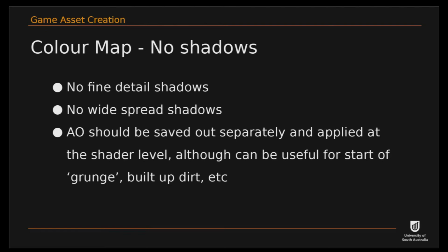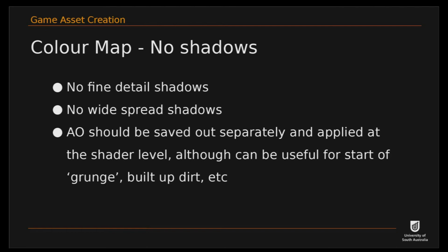So putting that in the color map was a way of just cheating some information into the lighting. These days, you've got two separate slots for the two separate maps, and it is a good guideline to have the color map and the ambient occlusion separately.